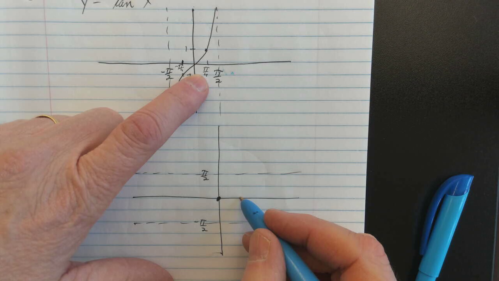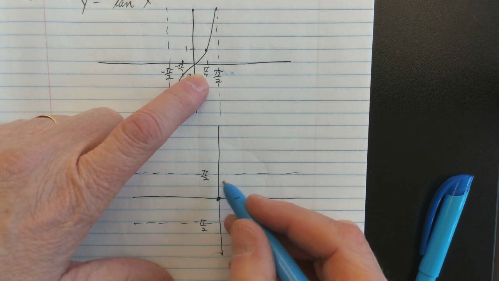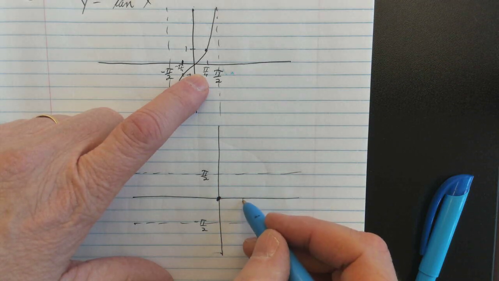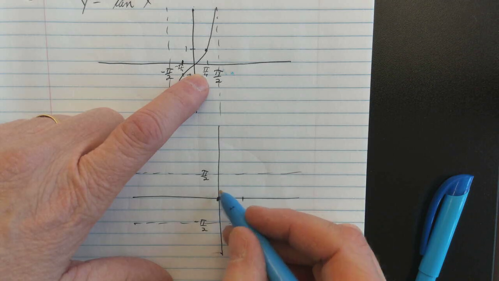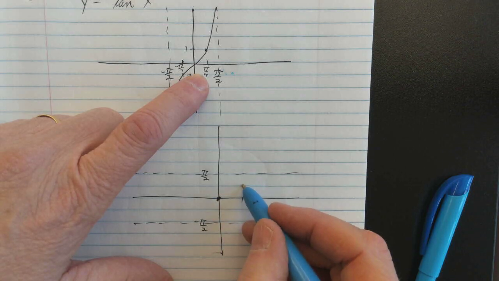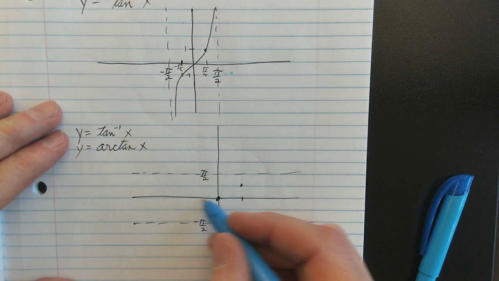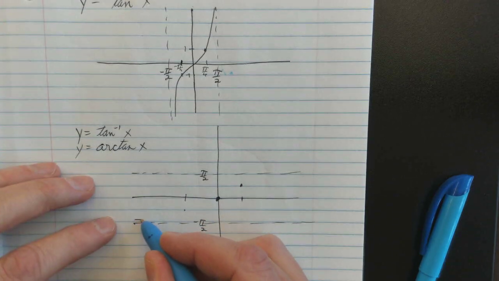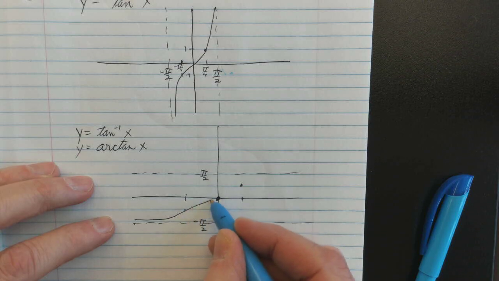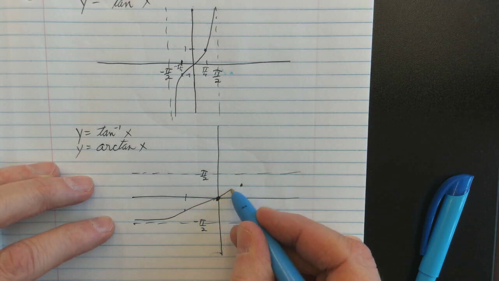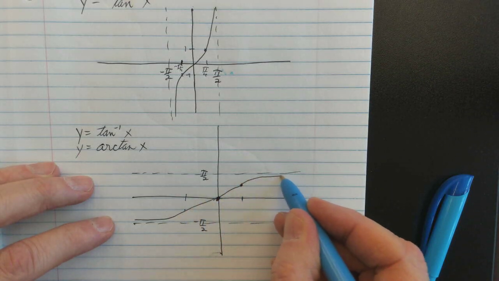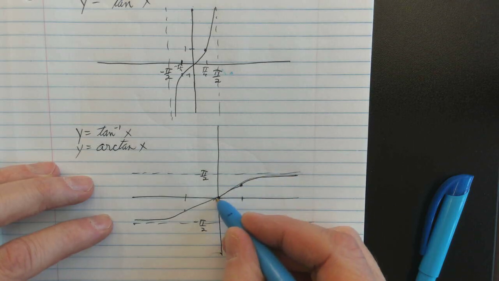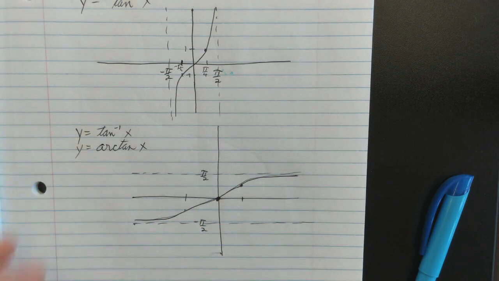If I go over 1 unit, I would go up to pi over 4. If I go left, I'd be here. So that kind of helps me here. So I'm close to the asymptote. I come through this point, change the curvature, and then go through this point. And that's what that looks like.